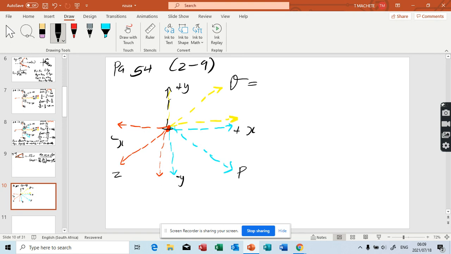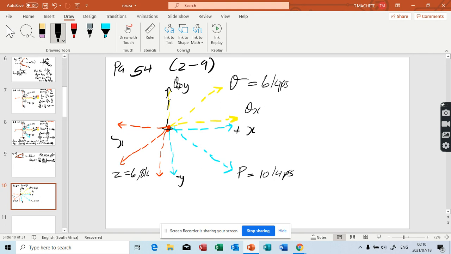So for Q, we are given 6 kips. Then for P, we are given 10 kips. Then for Z, you are given 6.8 K. Now, this side, we're going to have to find QX and QY.